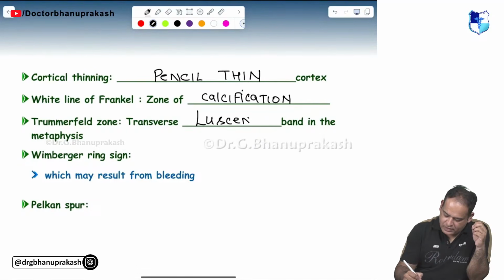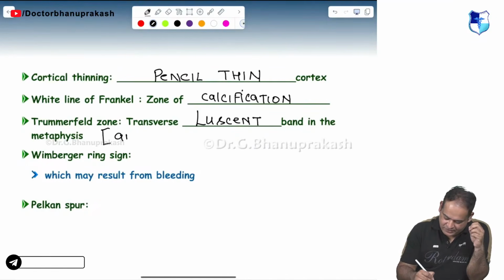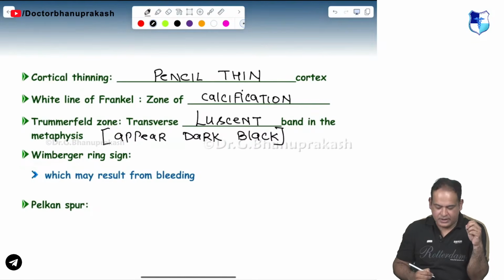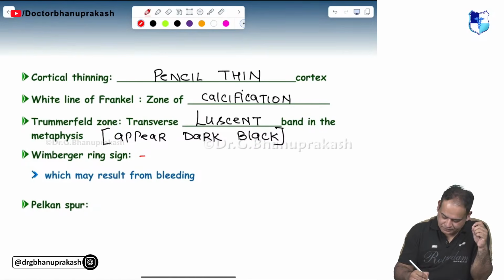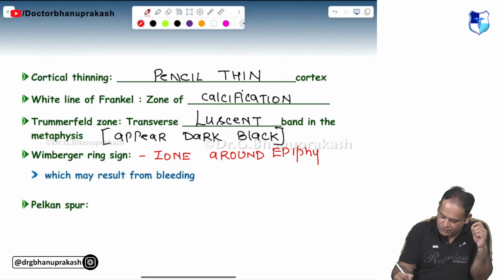Transverse lucent band in the metaphysis. So they appear dark black. Wimberger's ring sign is zone around epiphysis. Fine.